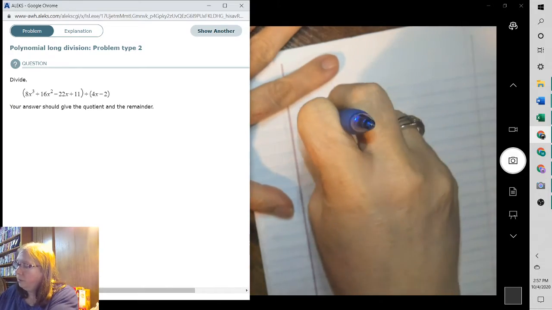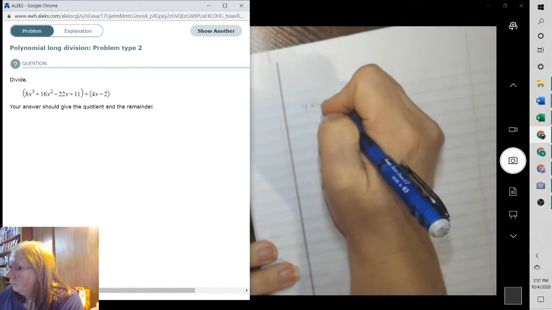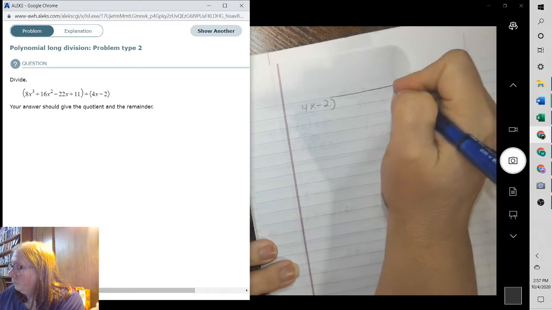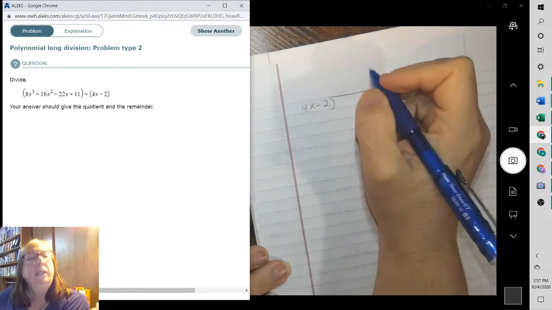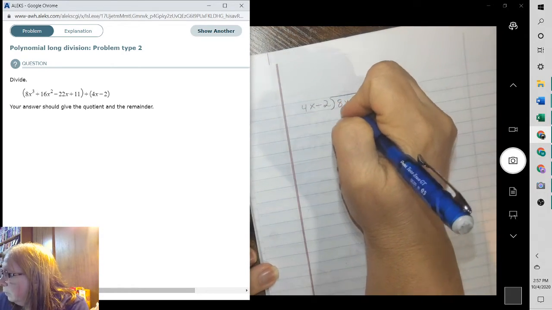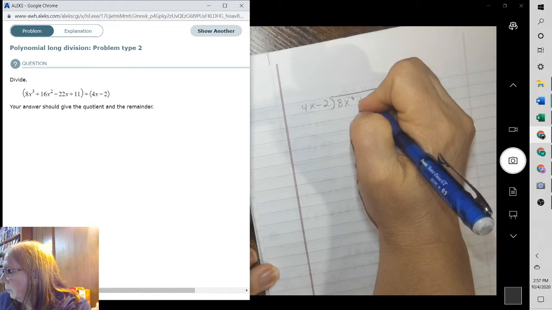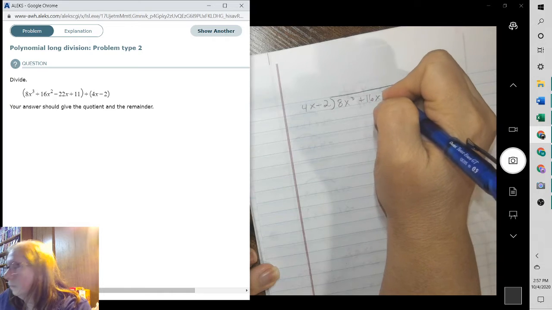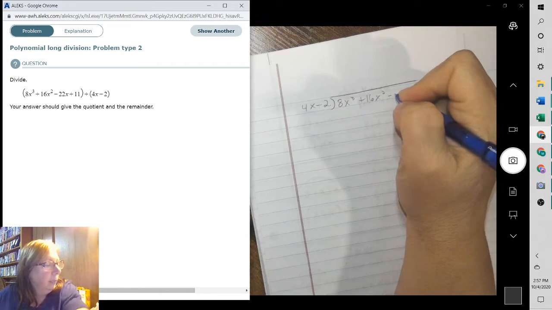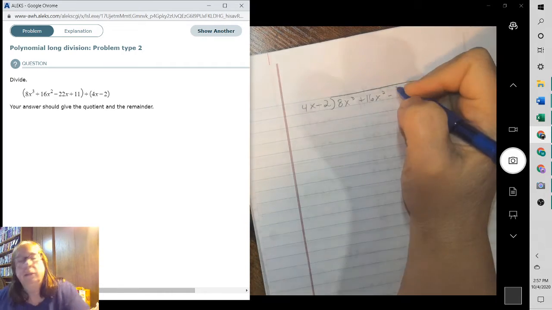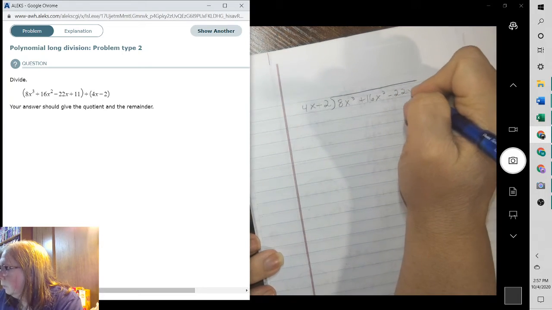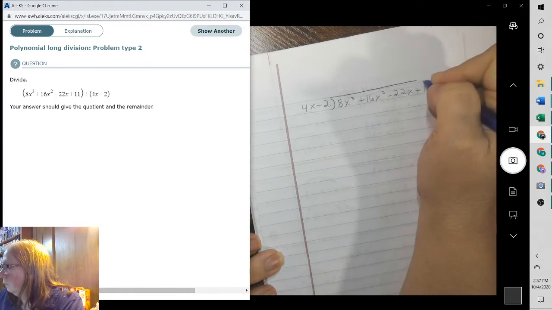For 4x minus 2, we have 8x cubed plus 16x squared minus 22x plus 11.